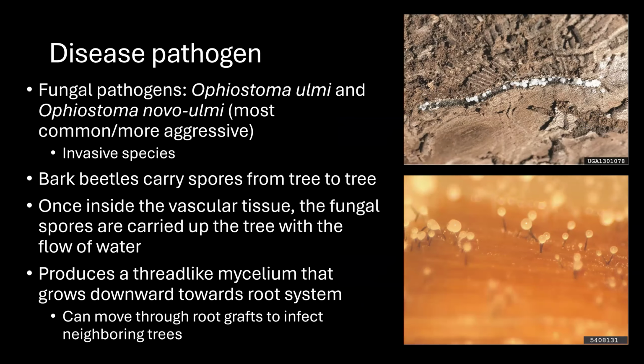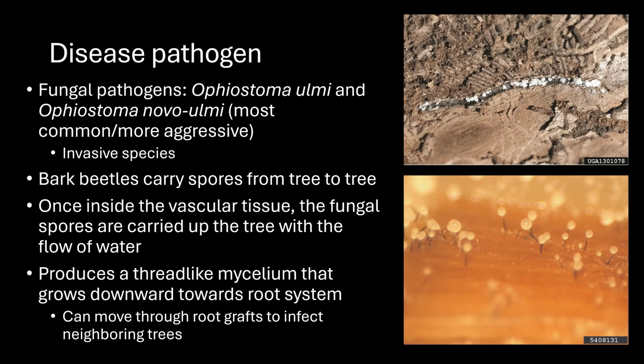So this is a fungus, and there's two species of these closely related fungi. One of them, Novo-ulmi, is going to be more common and more aggressive, and also more of an invasive species.